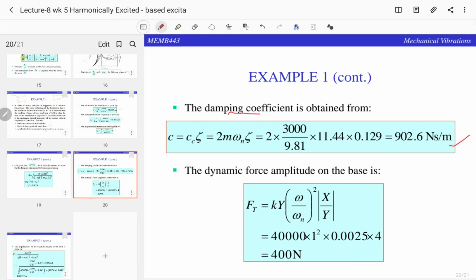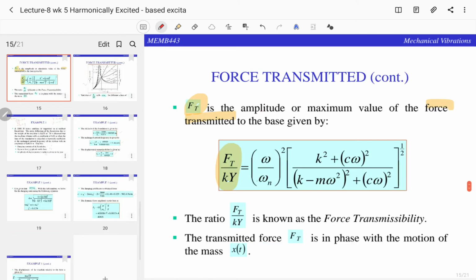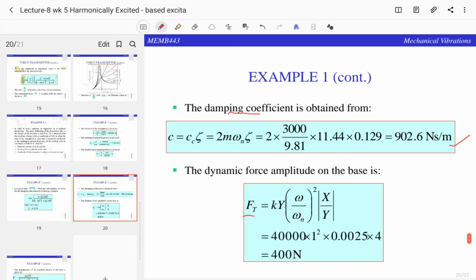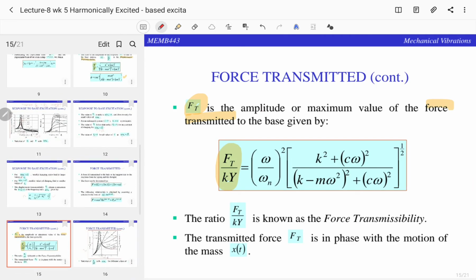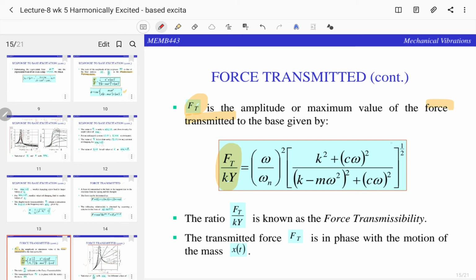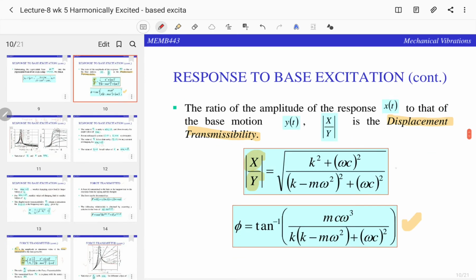After that, they want you to calculate the transmitted force. We already have the previous equation, which is this equation, the transmitted force. Since in this case we already have the values of X and Y, it's easy. You don't have to compute the rest all over again, because this expression represents X over Y, which is quite similar to this equation.